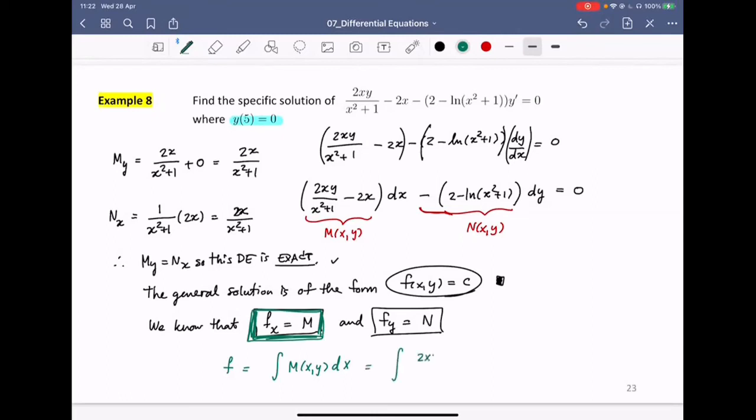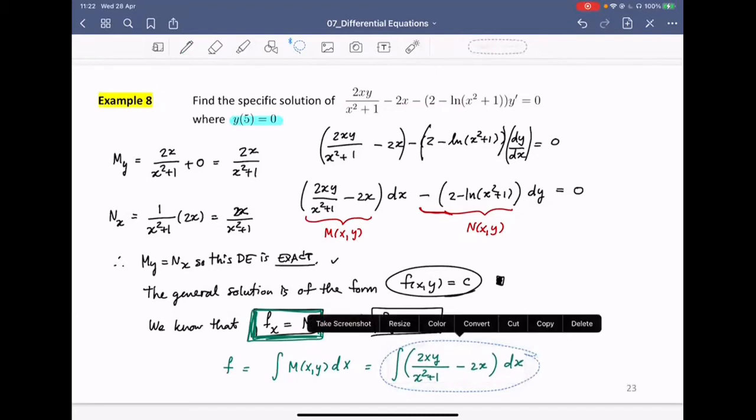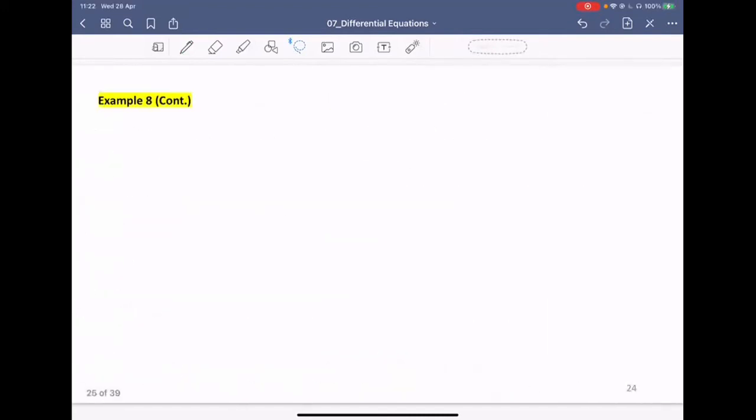It looks terrible, but hopefully it's easy to integrate. All right, how could you integrate that? Not hard. So I'm going to just copy to the next page. All right, this is my function.